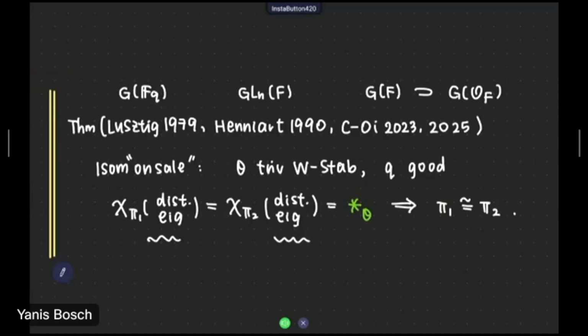And then my collaborator and I, Masao Oi, studied this question for a general p-adic group, and then also for something like G of ZP. And in all of these cases, one has a statement of this type, which is that on some locus, some analog of distinct eigenvalues, you have to be a little bit careful in the p-adic case, but for the FQ case, this is actually the correct thing.